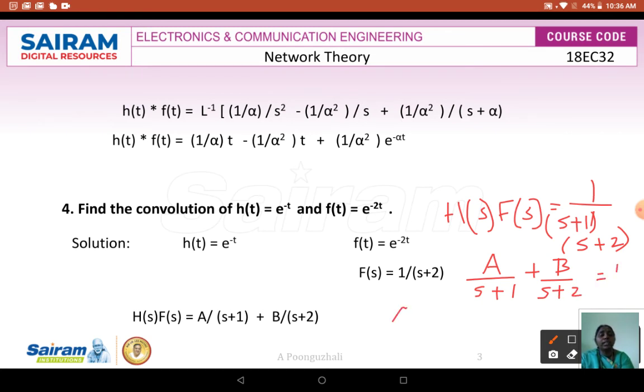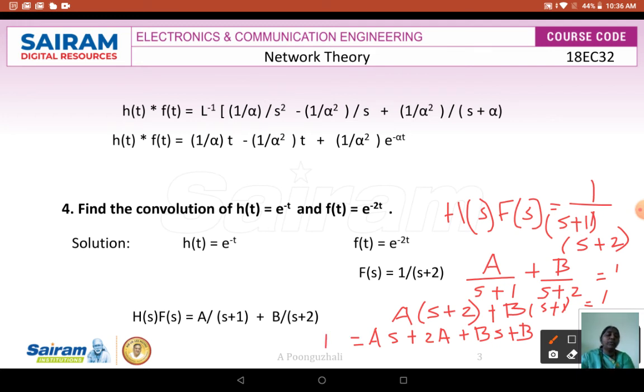So I can write here a into (s plus 2) plus b into (s plus 1) is equivalent to 1. So here it is as plus 2a plus bs plus b is equivalent to 1.